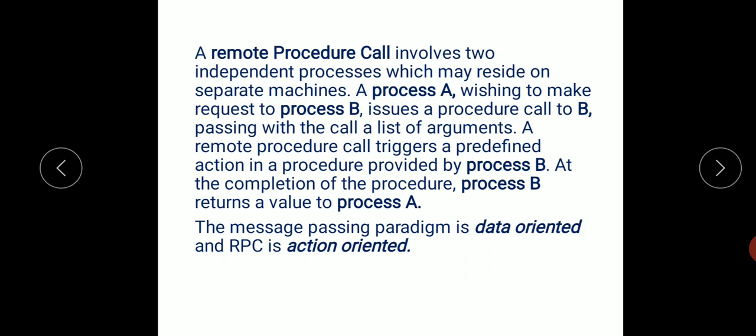That procedure call triggers a predetermined action in process B. The procedure is executed, and on completion, process B returns a value to process A. So process A sends the request and process B sends the response in the form of a remote procedure call.